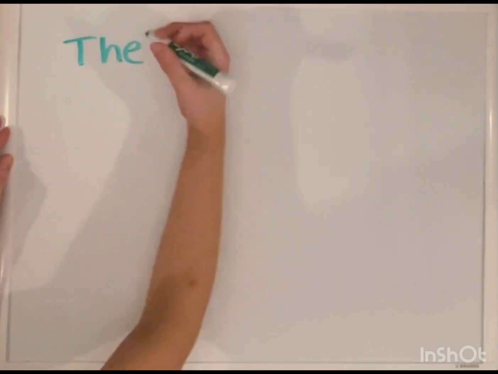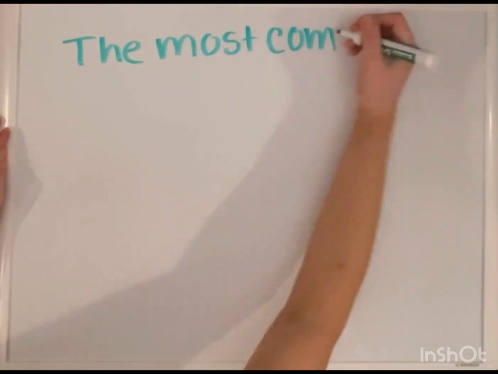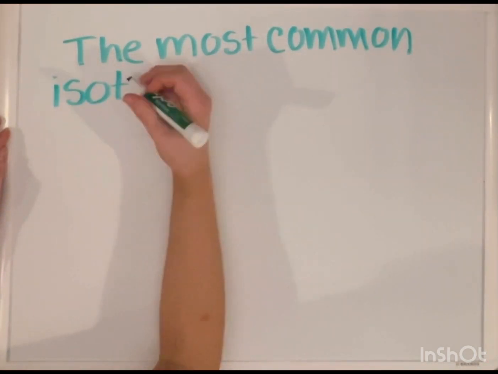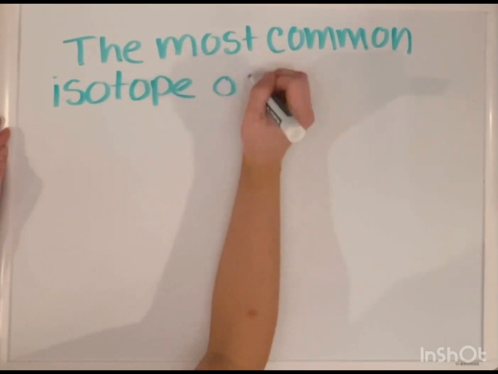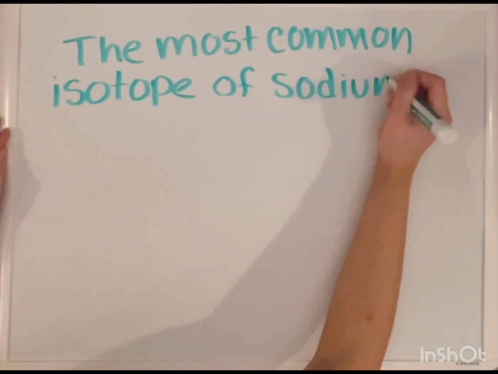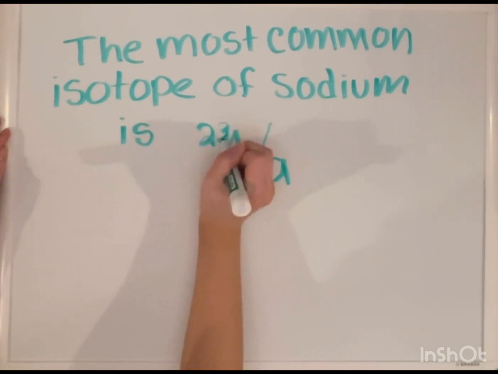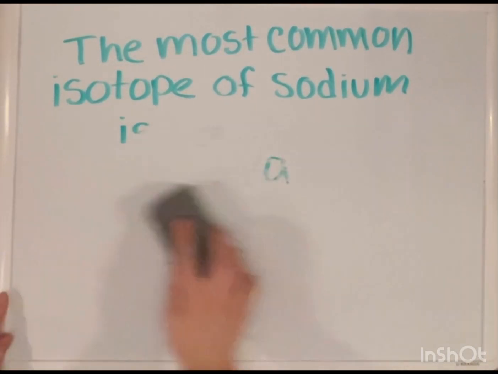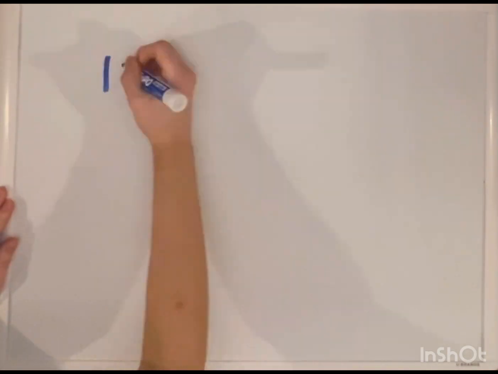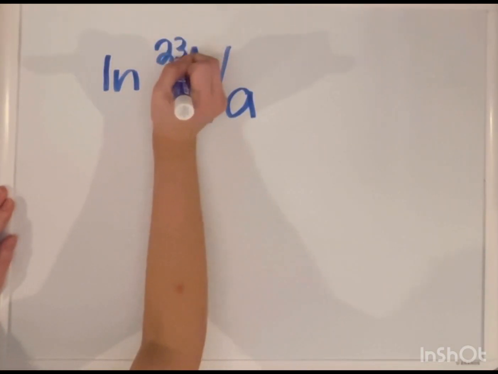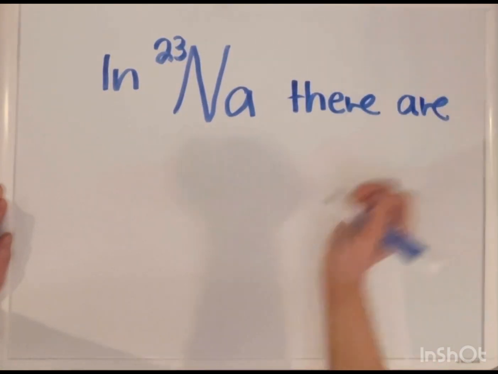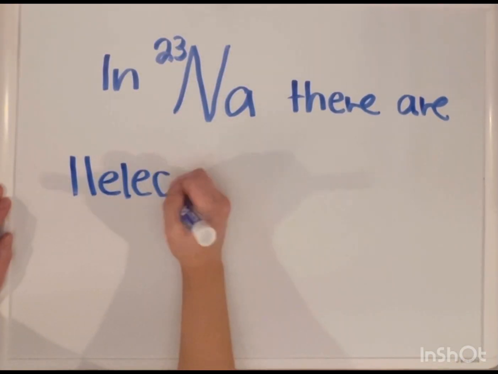The most common isotope of sodium is Na23. In Na23, there are 11 electrons and 12 neutrons.